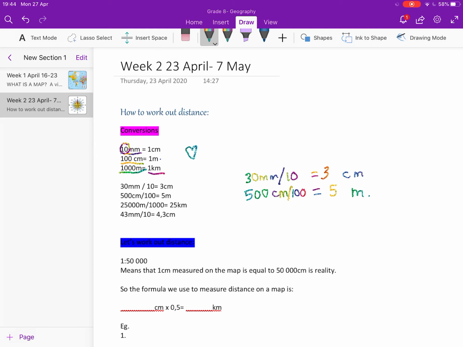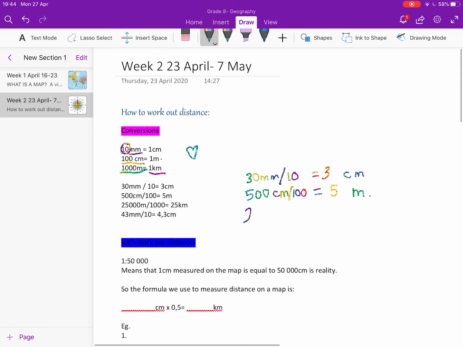The next one is 25,000 meters, and they want us to convert it to kilometers. By looking at our conversion over here, we'll see that there's 1,000 meters in 1 kilometer. So we're going to divide our 25,000 by 1,000, and then we'll get our total kilometers.